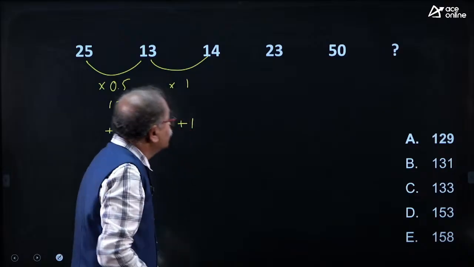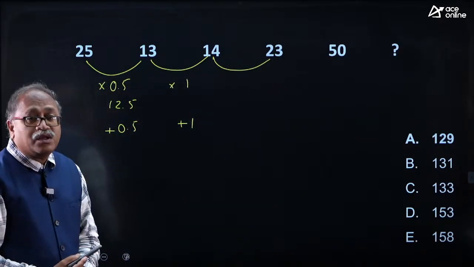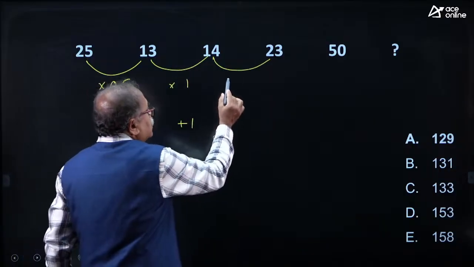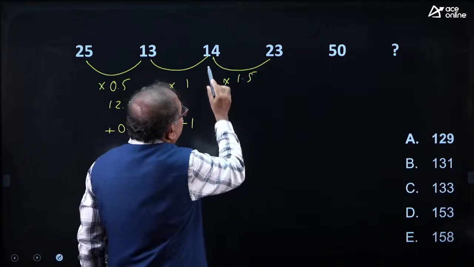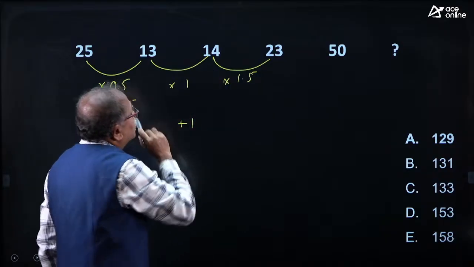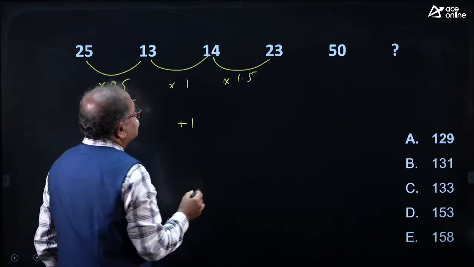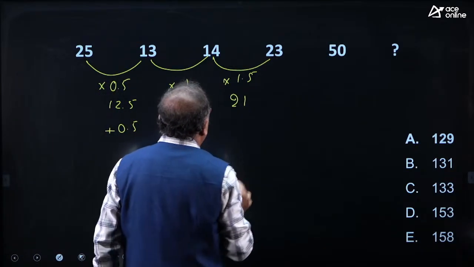Anyone answered it? Okay. Then I will go for 1.5, because 14 into 2 is 28, it is exceeding. So into 1.5, so that comes 21. 14 plus 7 is 21. 21 I got over here.